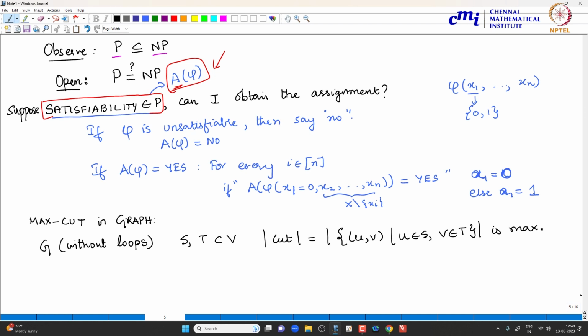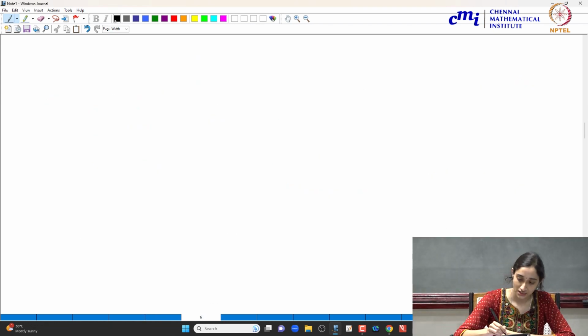So what would be a first algorithm to solve this problem? Brute force. So what is that brute force algorithm? Just try every partition, right? But that requires a lot of steps. So I don't know how to do this efficiently.